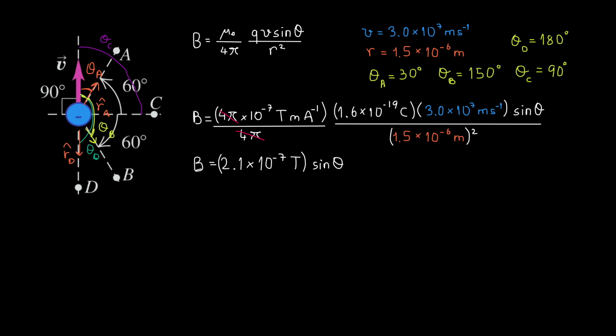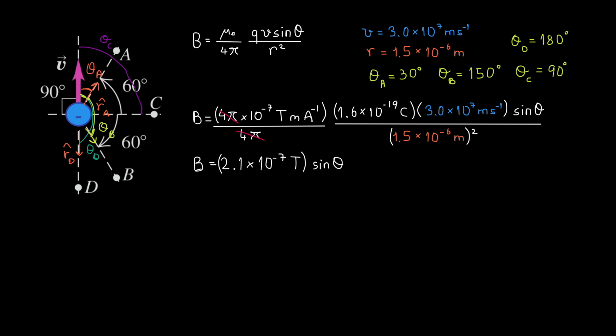The only thing that's different for each point is the angle theta. So I evaluated the numerical parts except sine theta. So I get B equals 2.1 times 10 to negative 7 Tesla times sine theta.